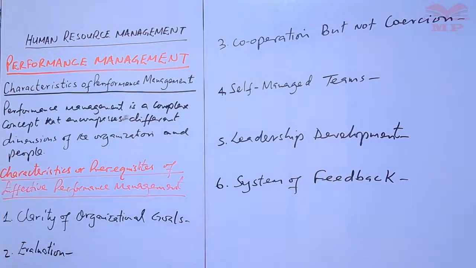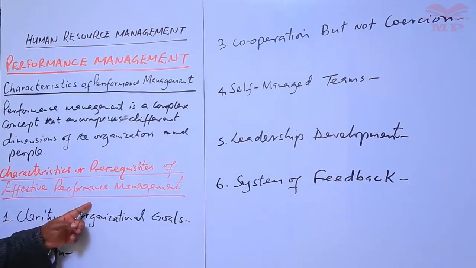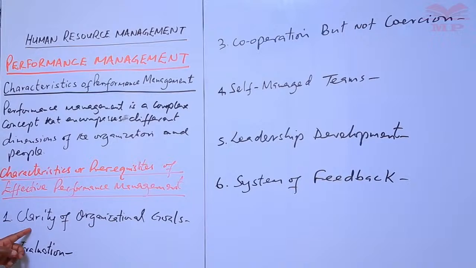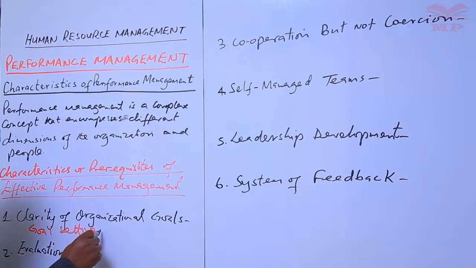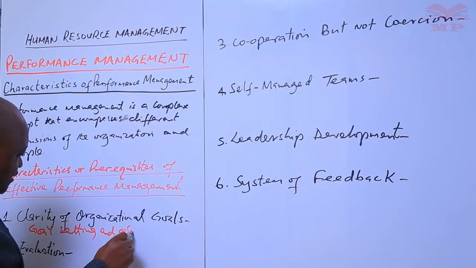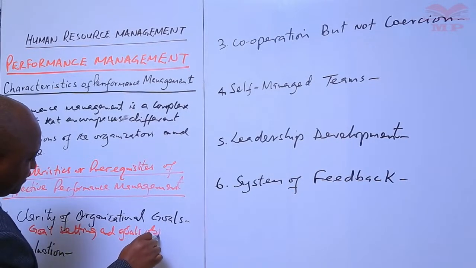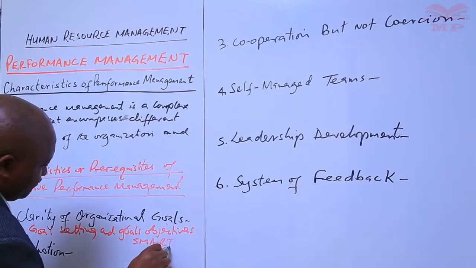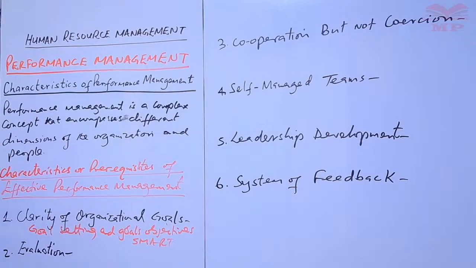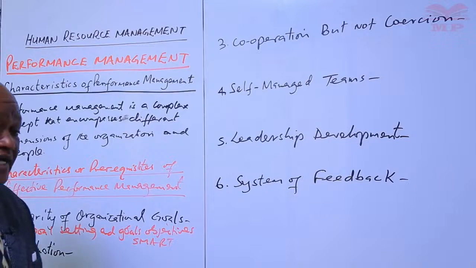So we have said that for effective performance management in an organization, clarity of organizational goals is important. In this context, goal setting, goals and objectives are expected to be SMART. They are expected to be simple, measurable, applicable or appropriate, realistic and time-bound.